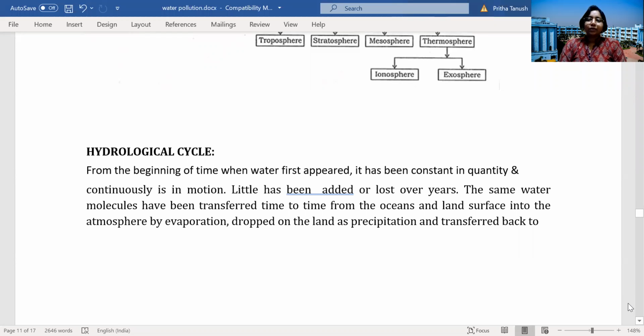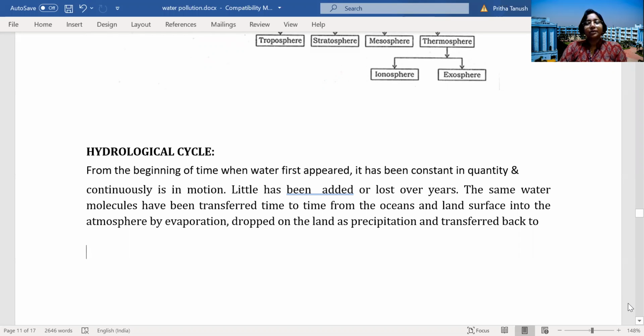So next I'm going to tell about the hydrological cycle. This is a part of the biogeochemical cycle. Biogeochemical cycle means a cycle in which any type of material moves in a cyclic way in our environment.